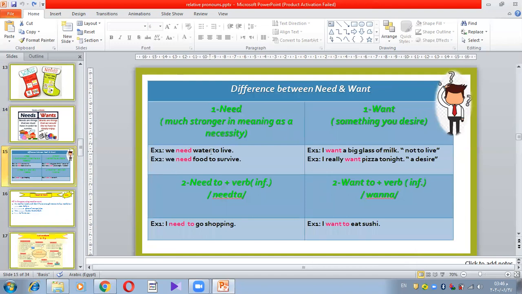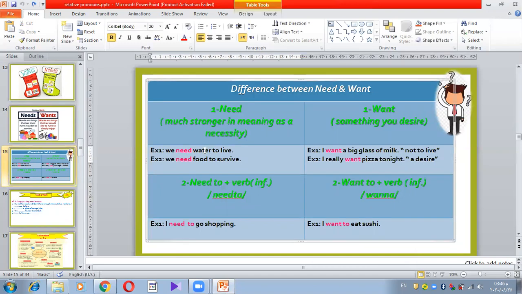We need water to live. So can you live without water? No. So you say we need. If we are not going to drink water, we are going to die. We need food to survive. I want a big glass of milk. So for example, if I say I want a big glass of milk, does this mean I need milk to live? No, I can live without milk.